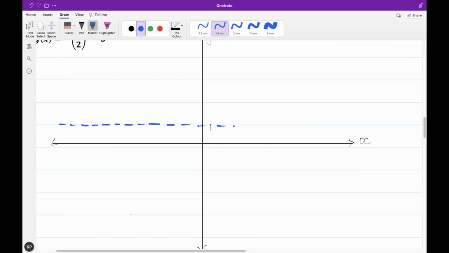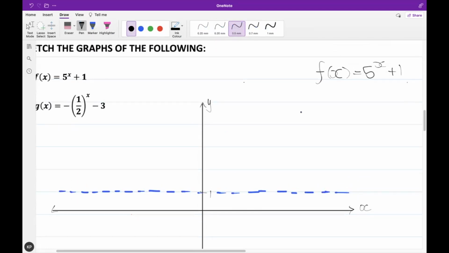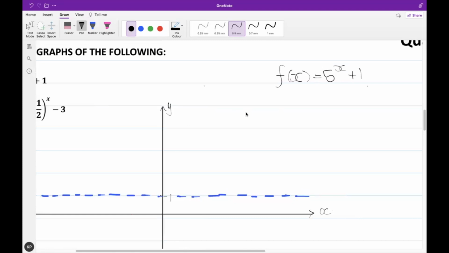So when you sketch this graph, just first identify your asymptote, right? And then you look at A. Is A positive, negative, a fraction, or a negative fraction? In this case, is A positive or is it negative? Is it a fraction or a negative fraction? What is A in this case, guys?